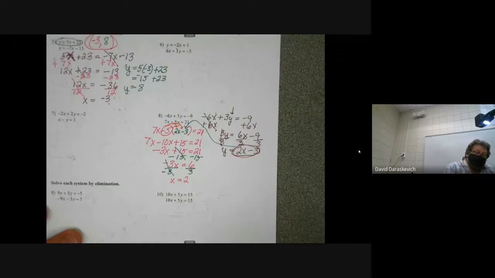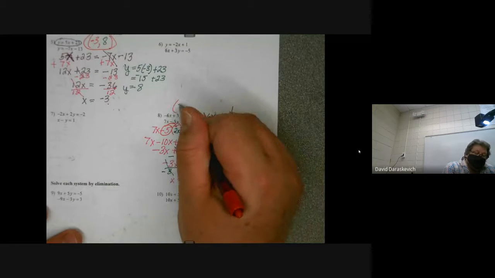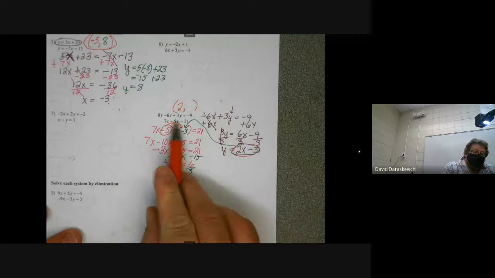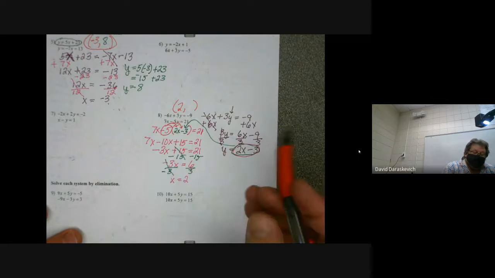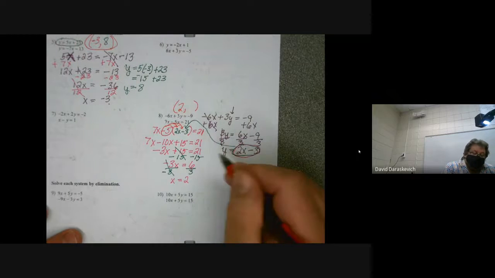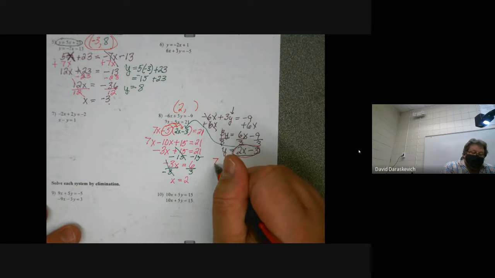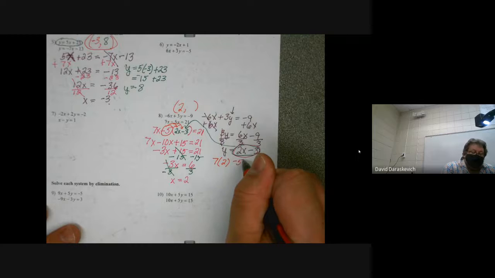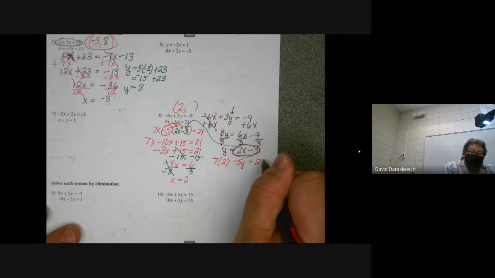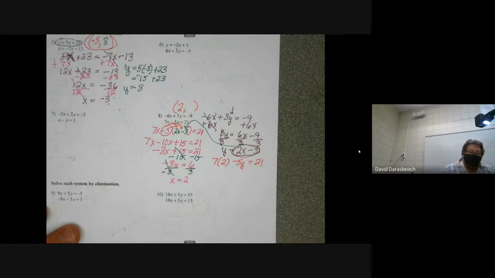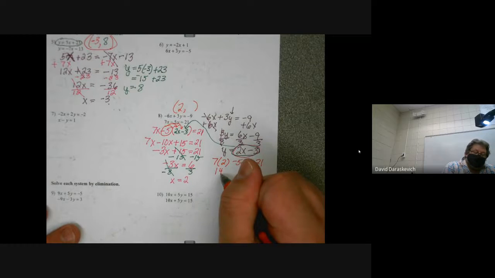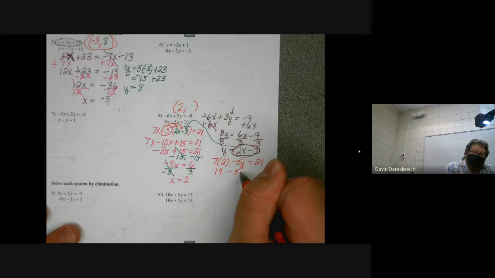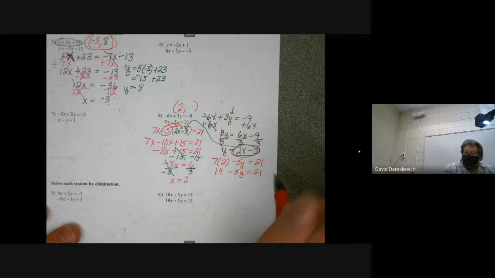Got to find y. X is 2. Pick one of these, either one. I'm going to pick the bottom one because I used the top one. 7, I know x is 2 minus 5y equals 21. Solve for y. 14 minus 5y equals 21.